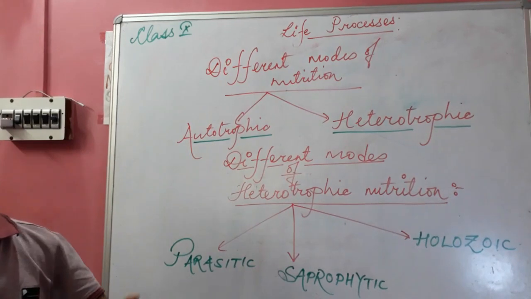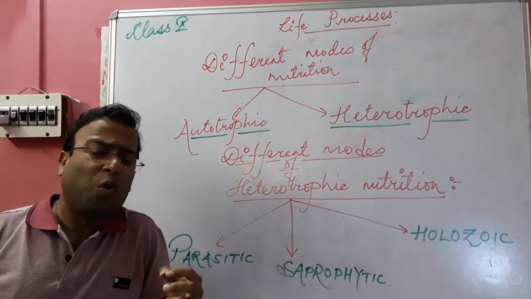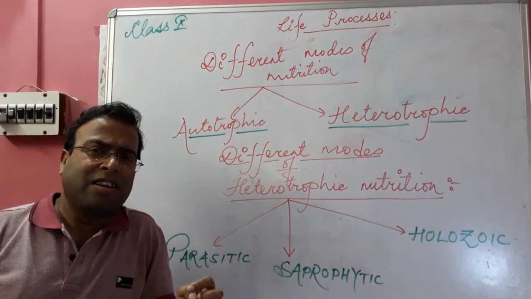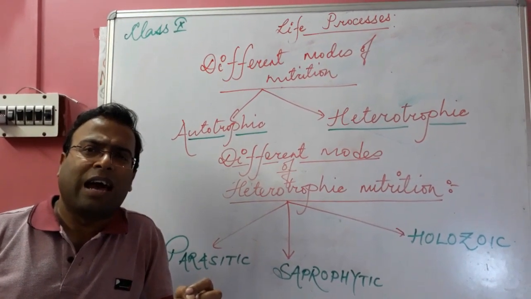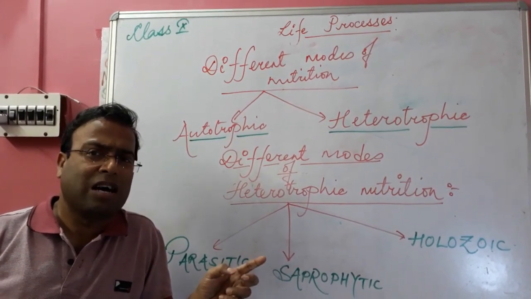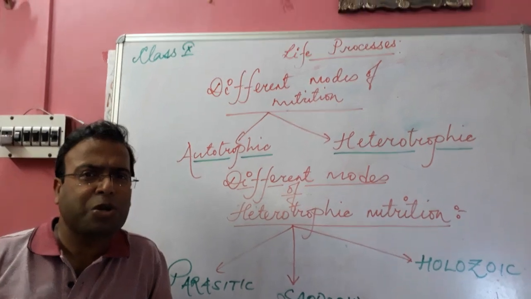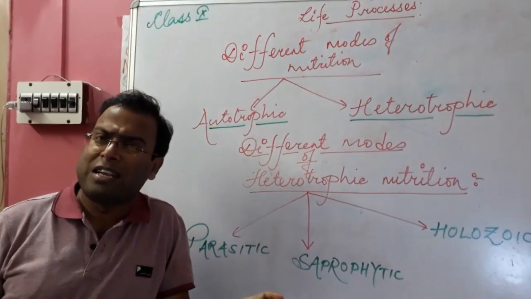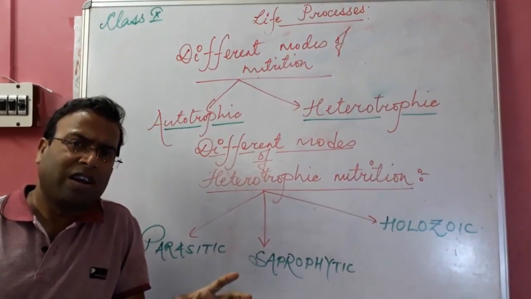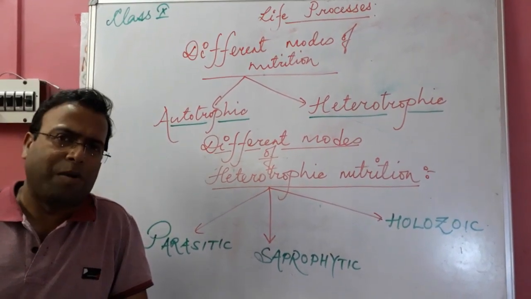Autotrophic nutrition: basically the plants make the food in their own body and they are known as autotrophs. This type of nutrition is known as autotrophic nutrition. And heterotrophic nutrition is a type of nutrition in which organisms cannot make their own food. They depend on other organisms for their nutritional requirement.